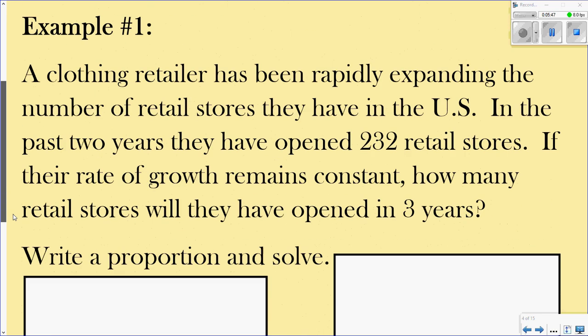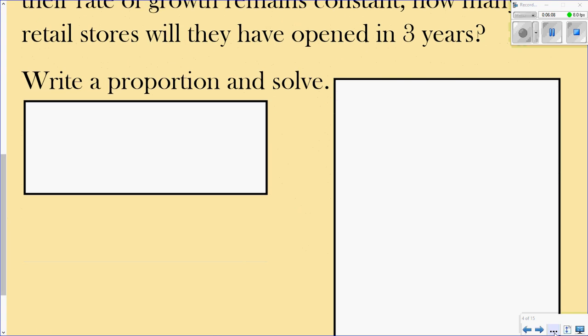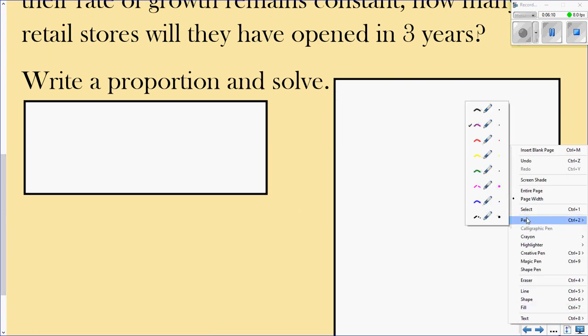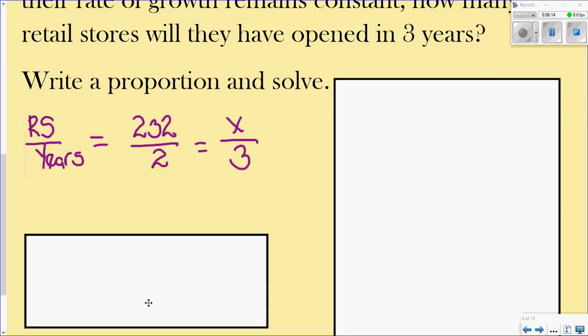So for example, a clothing retailer has been rapidly expanding the number of retail stores they have in the U.S. In the past 2 years, they have opened 232 retail stores. If their rate of growth remains constant, how many retail stores will they have opened in 3 years? So the first thing you would do is write a proportion, and then from there you would solve. So your proportion is retail stores over years.